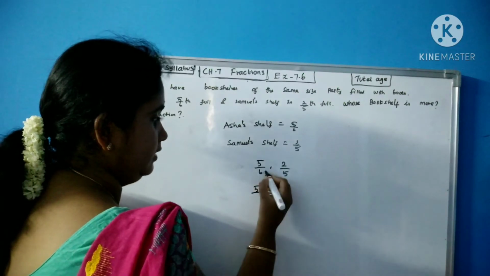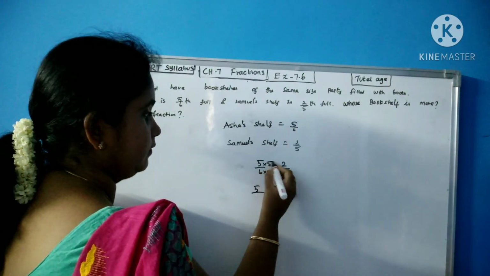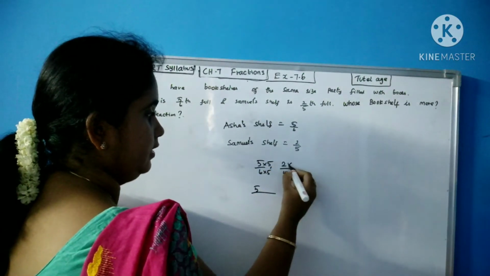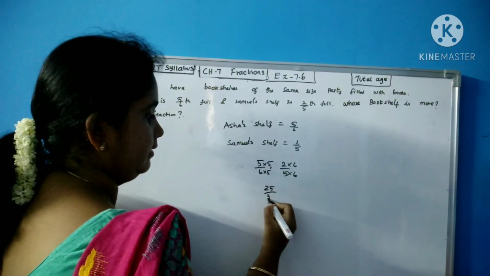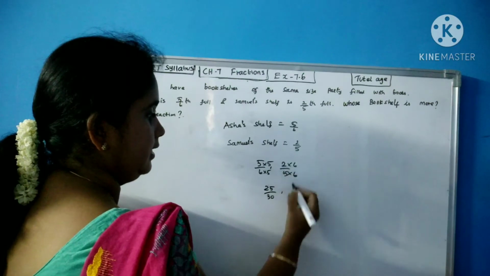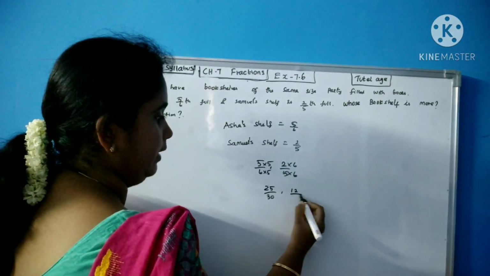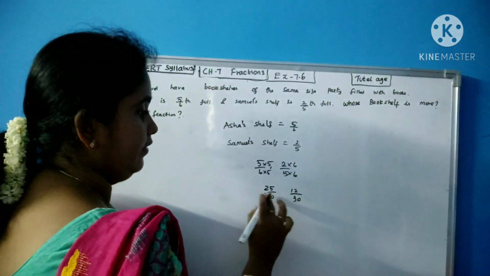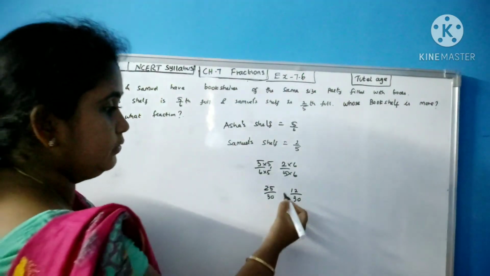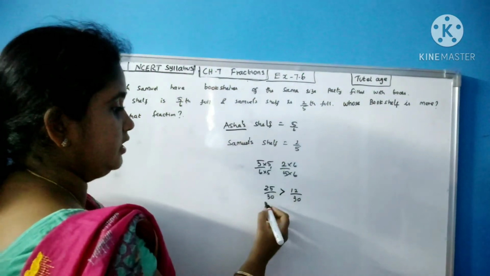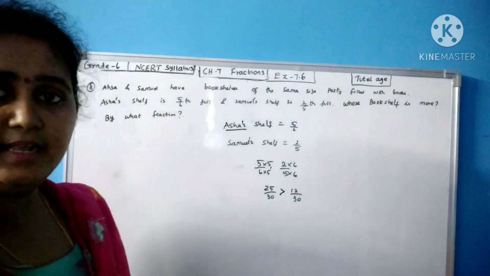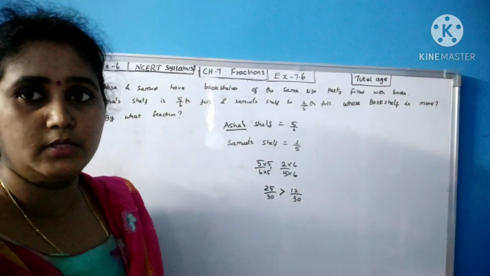So 5 by 6 is multiplied by 5, and 2 by 5 is multiplied by 6. 5 5s are 25, so 25 divided by 30, and 2 6s are 12, so 12 divided by 30. Which is greater, 25 or 12? 25 is greater. So 25 by 30 is Asha's, 5 by 6. Asha's bookshelf is greater than Samuel's bookshelf.